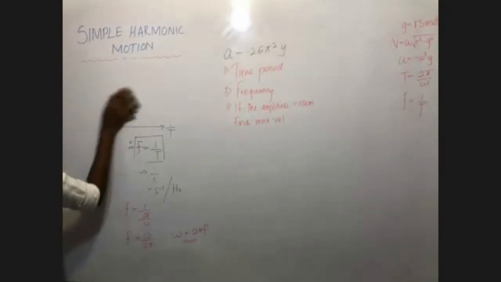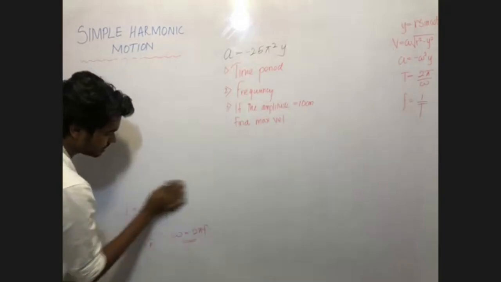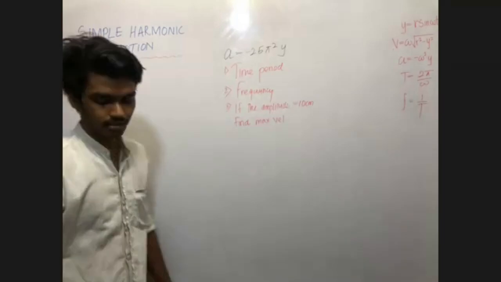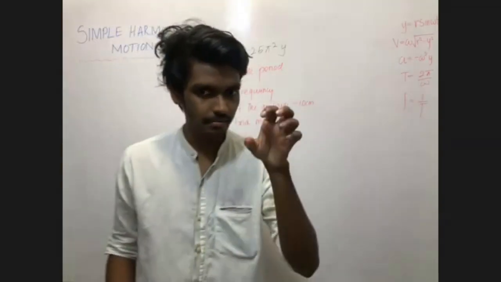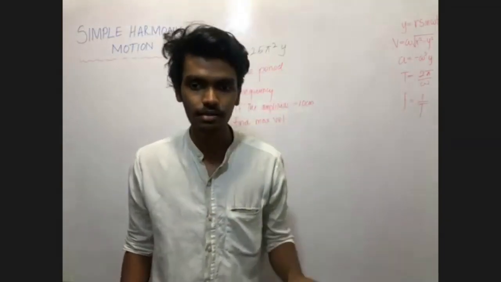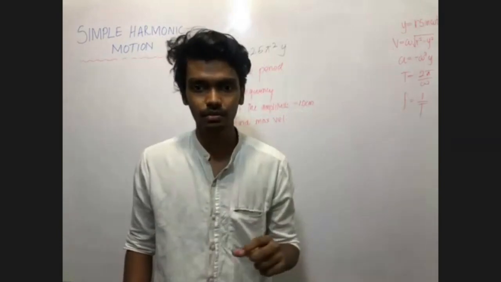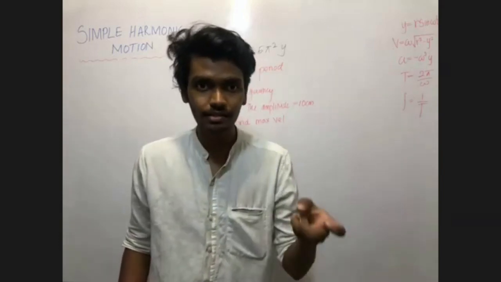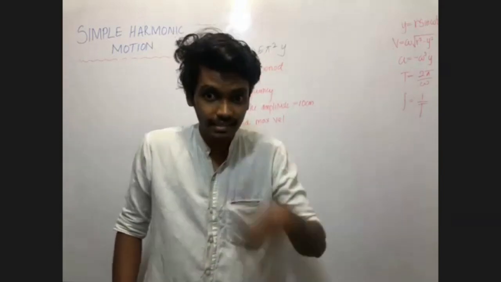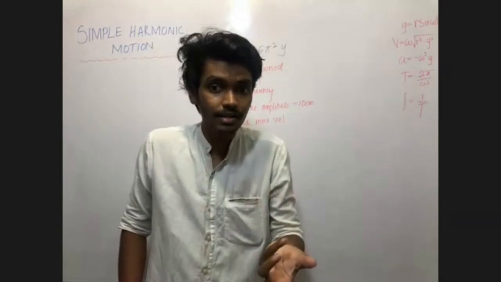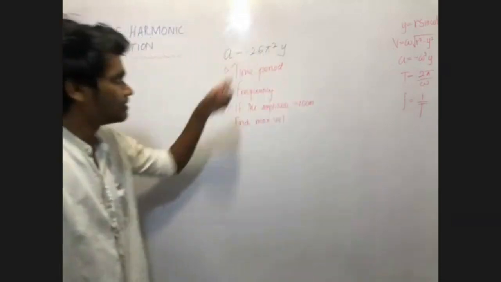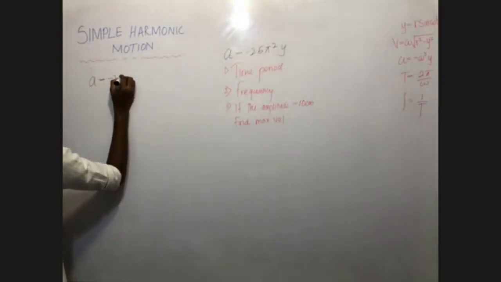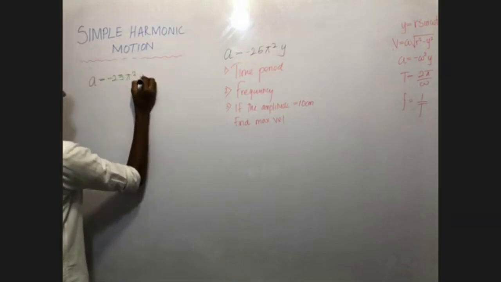Let's see how to analyze this kind of question. It's a very basic question. It says a particle is performing a simple harmonic motion. If it is performing simple harmonic motion, it should have an acceleration, and that acceleration is a equals minus 25 pi squared y.